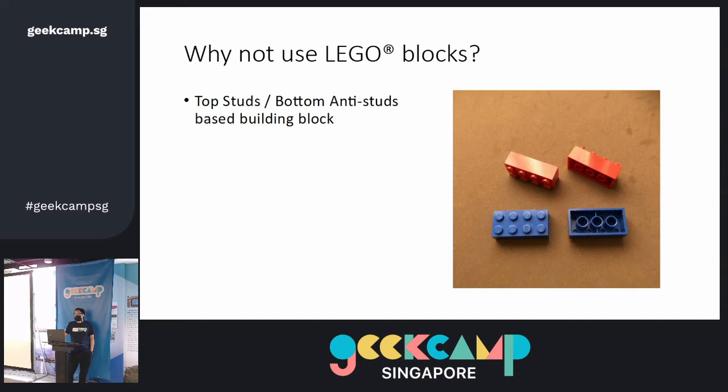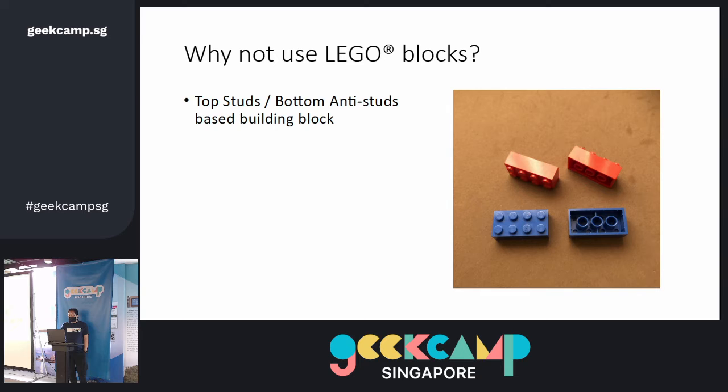So just transferring a design from Lego to 3D printing isn't really the ideal way to use 3D printing to its fullest.